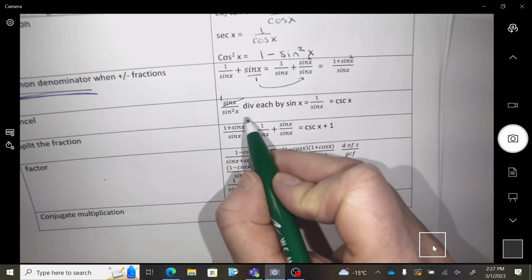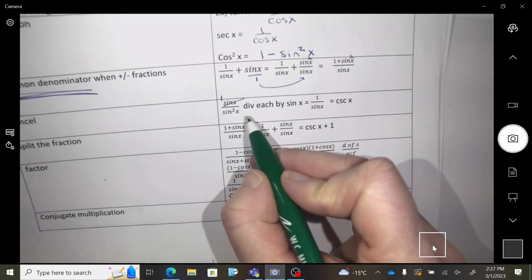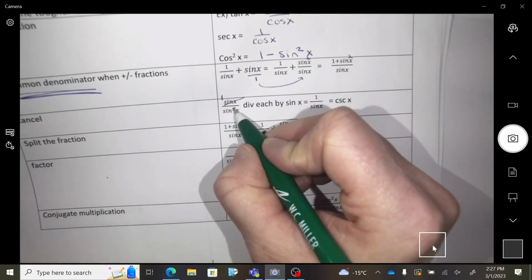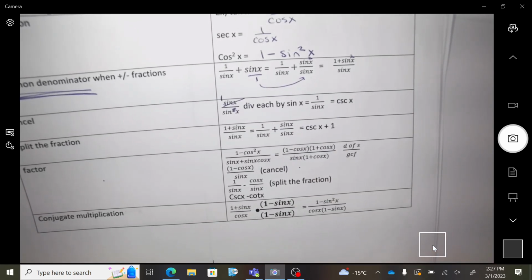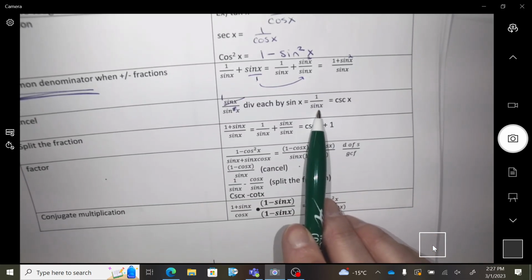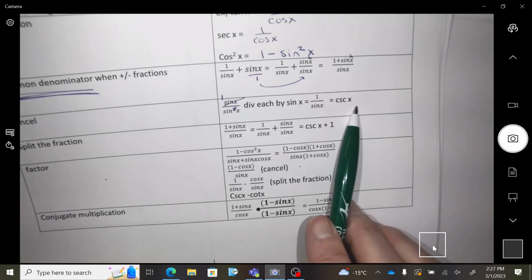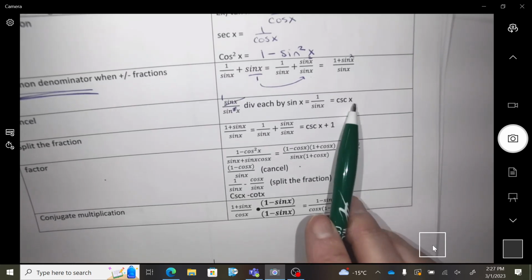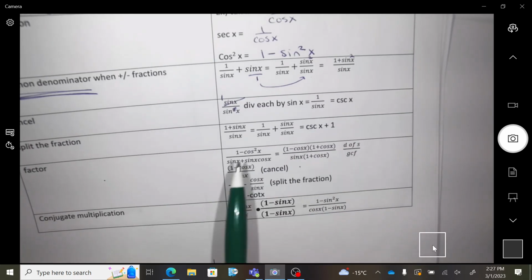And then if I take a sine x out of a sine squared x, I would just get rid of the squared, right? So I canceled, and it made 1 over sine x, which is cosecant.